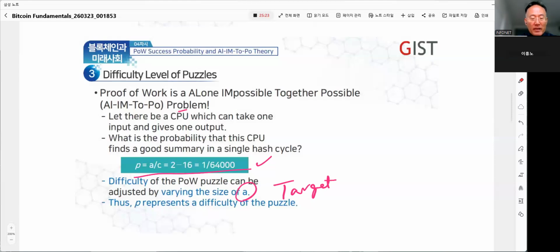If you vary the target, you can change P, the probability. So P actually can represent the difficulty of a puzzle.